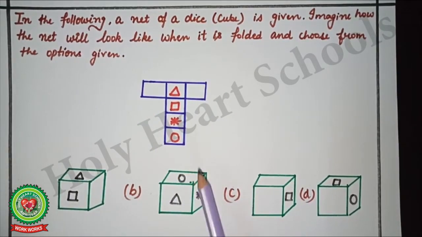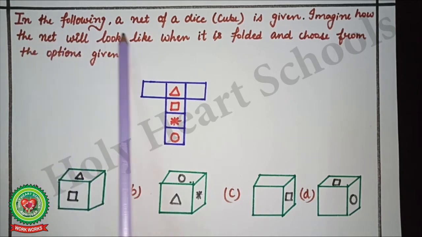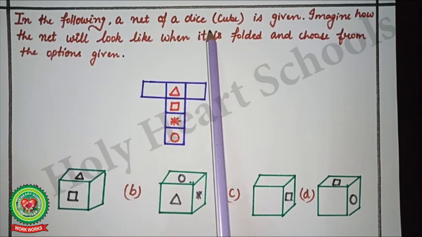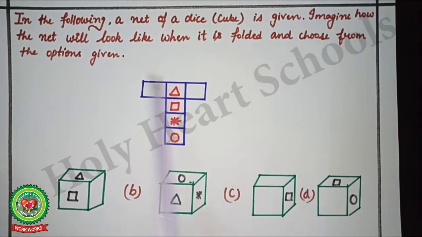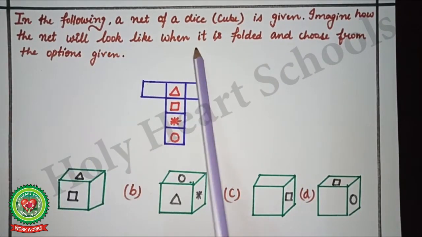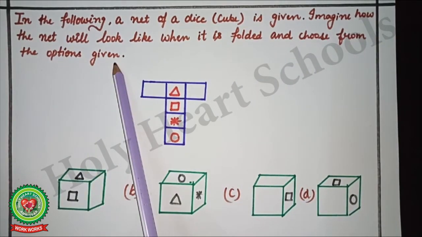So we will see the question regarding this. So let's read the statement. In the following, a net of a dice which is in the form of a cube is given. Imagine how the net will look when it is folded and choose from the options given.